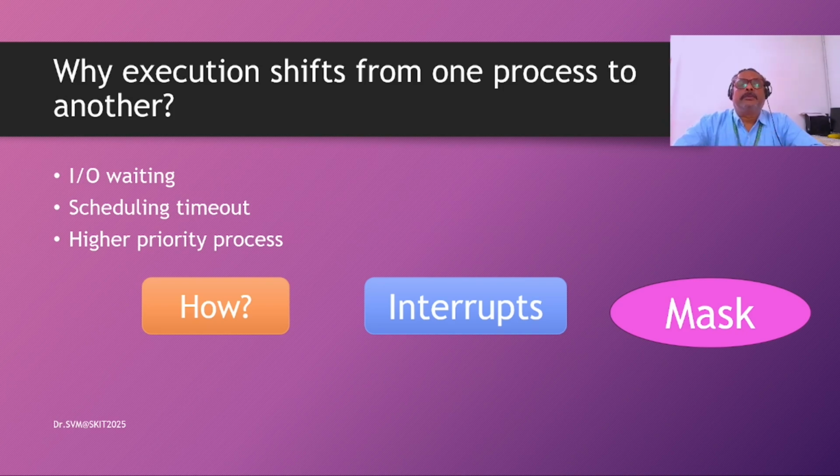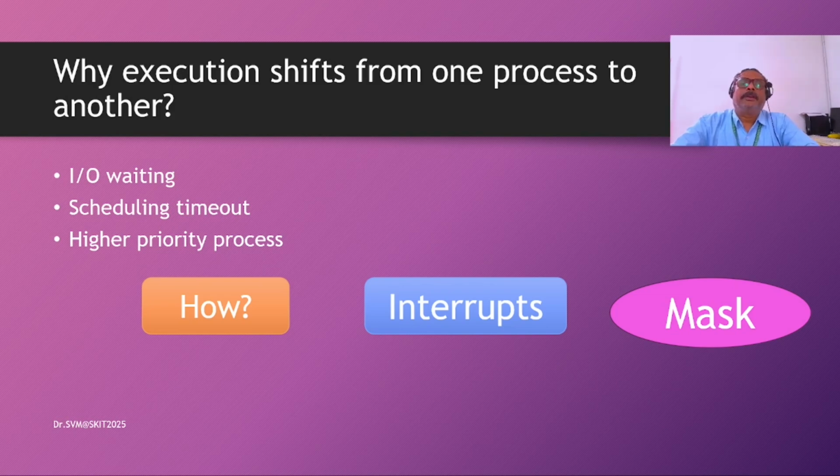So what we can do is, before entering a critical section, mask all the interrupts so that none of the other processes can interrupt the current process, whatever be the reason. And once our critical section is done, we release and unmask the interrupts so that other processes are now free to interrupt.